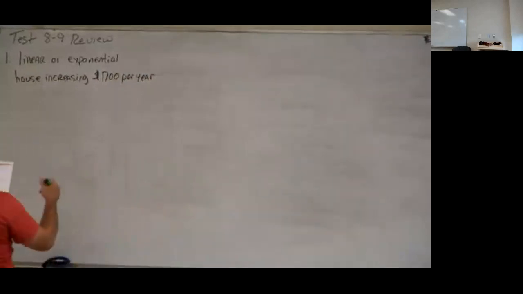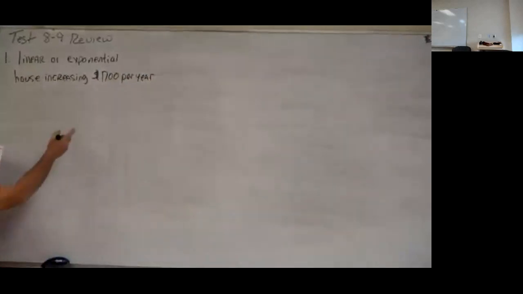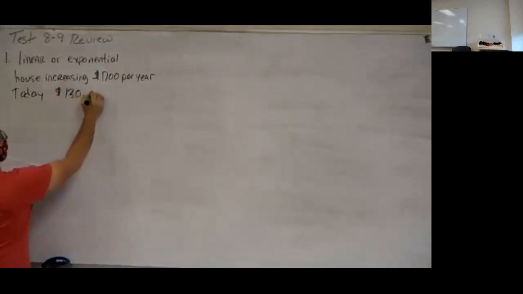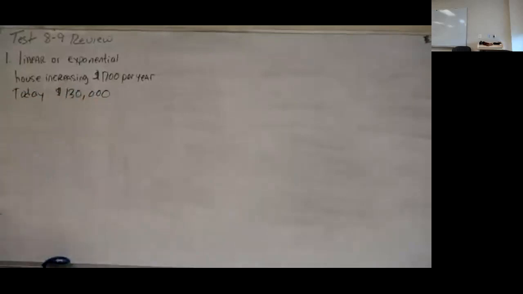So the house is increasing $1,700 per year. Today, this house is worth $130,000. And they want to know what it'll be worth in 3 years.